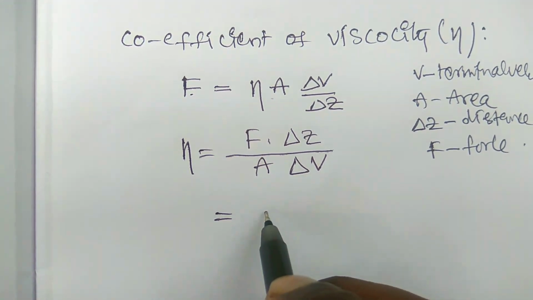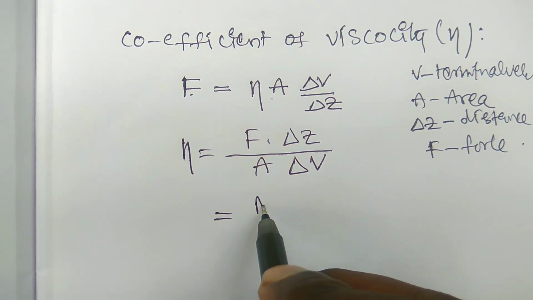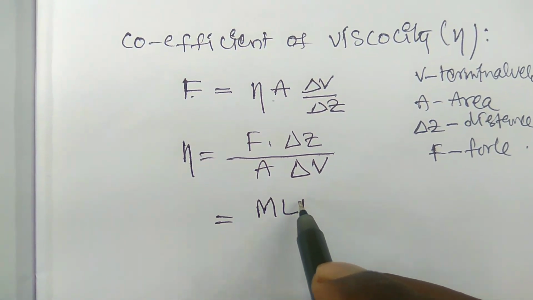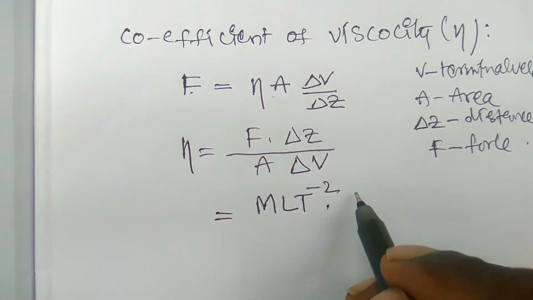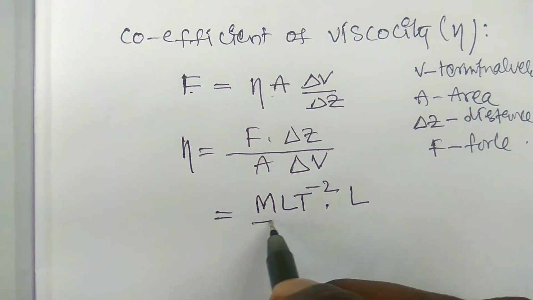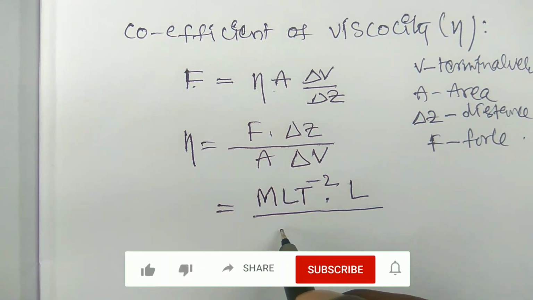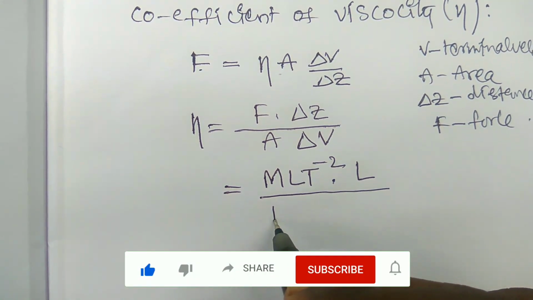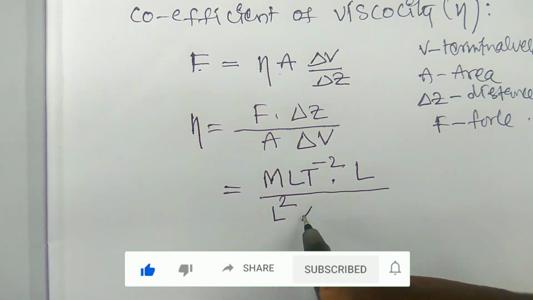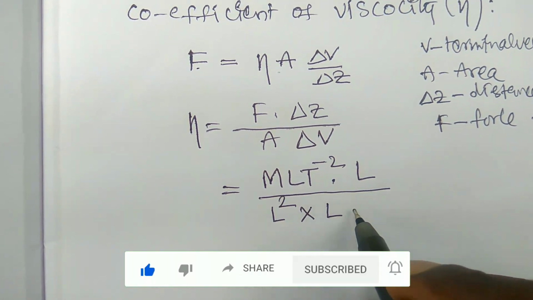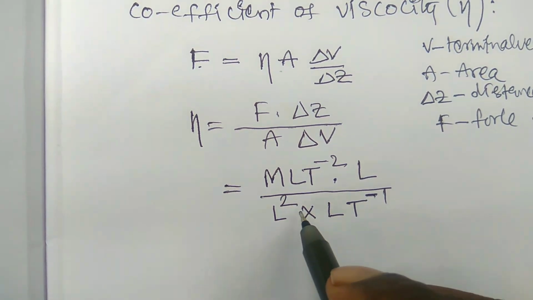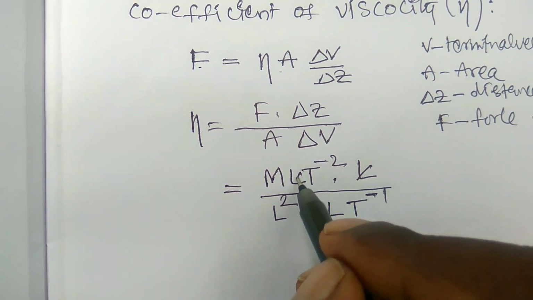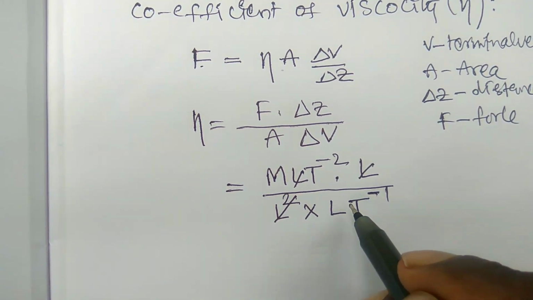Force is equal to MLT minus 2, into delta Z, which is the length, so we write L, divided by area, which is length into breadth, that is L into L, L2, into delta V, which is L by T, distance by time, LT minus 1. From this, L square will be cancelled out.